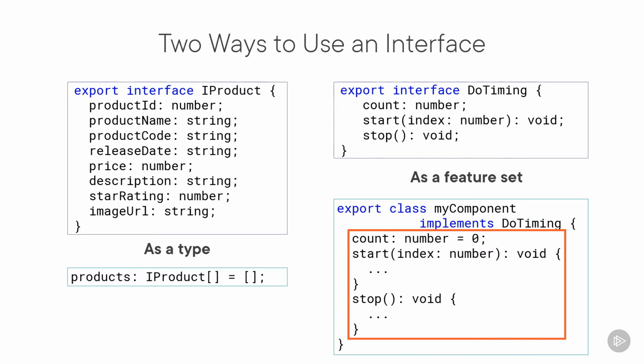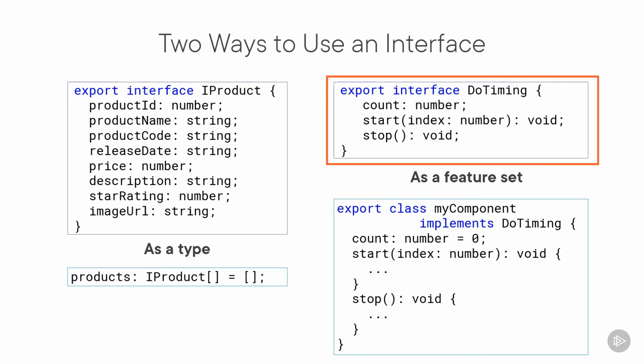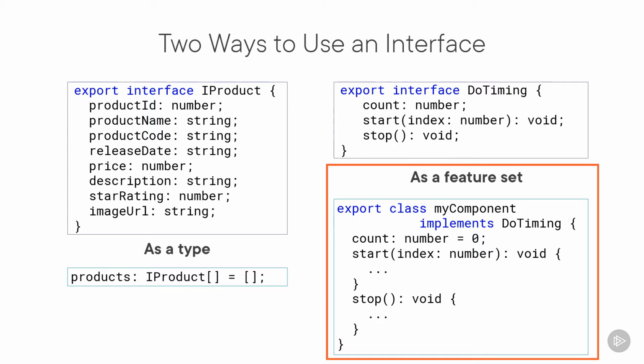We then write the code for each defined property and method. Think of this interface as an implementation pattern, detailing the properties and methods we need for a specific feature. Angular provides some of its features as interfaces, and we use those features by implementing those interfaces.